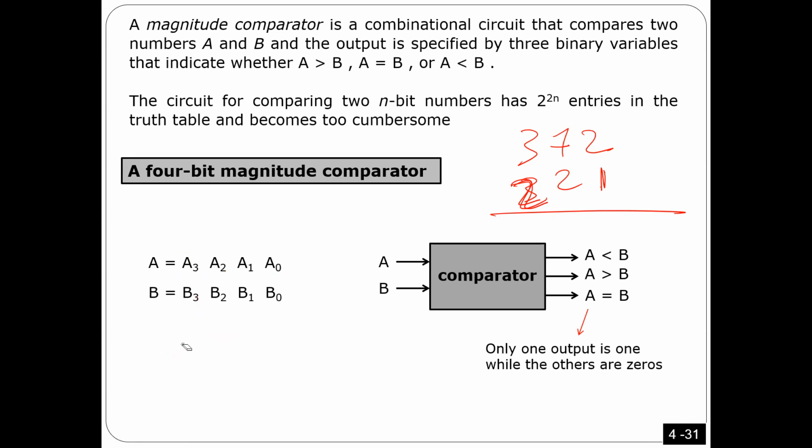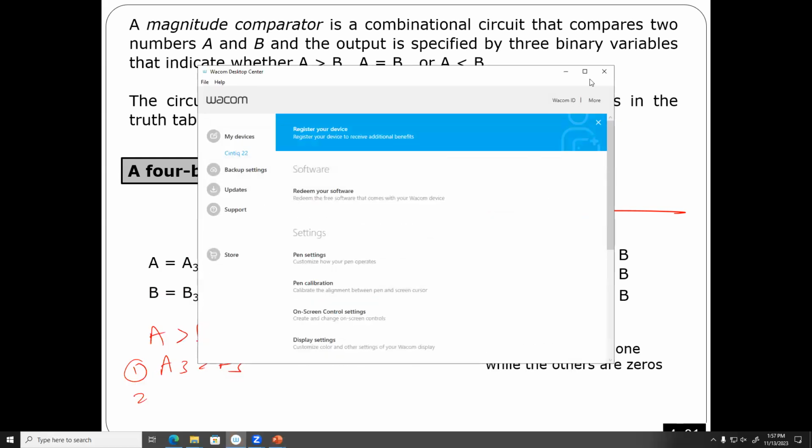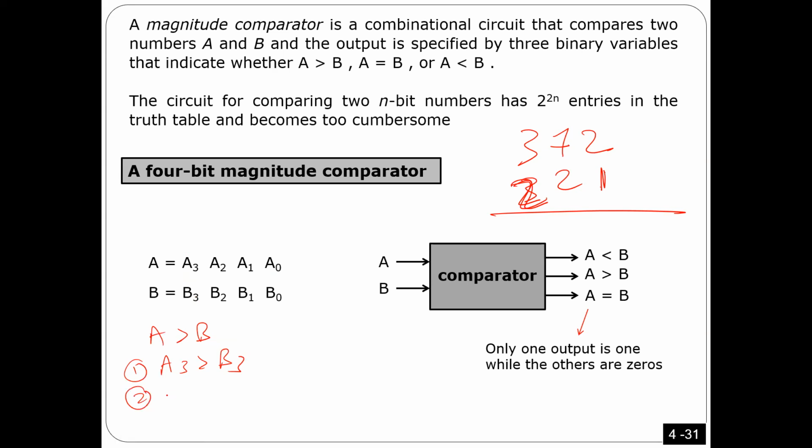Now for A to be greater than B, we have several options. The first possibility is that A3 is greater than B3. That's enough. The relation is OR, it's not AND. Or A3 equals B3 and A2 is greater than B2. Make sense?